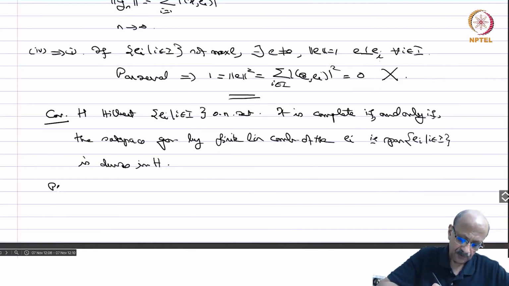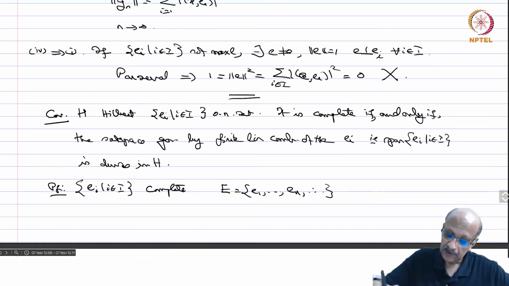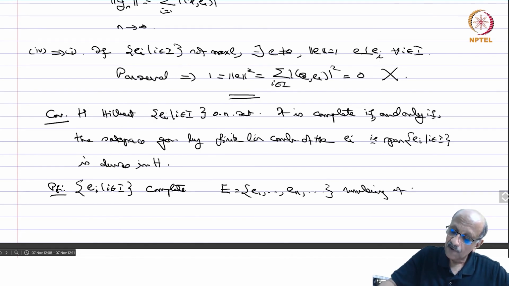So proof. If e_i is complete, then clearly you take a numbering. Let us say E equal to e_1, ..., e_n, etc. This is a numbering of all e_i such that (x, e_i) is not 0.